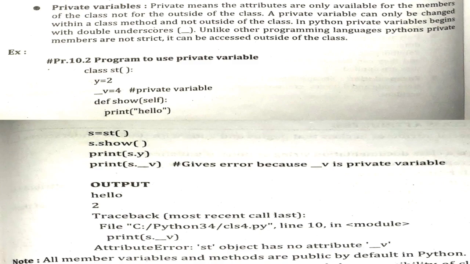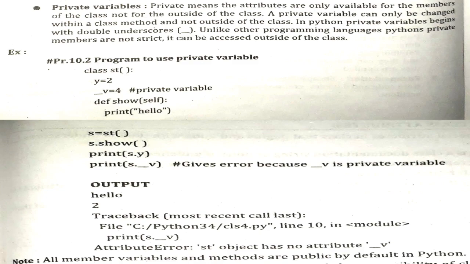To declare a private variable, before the variable name we simply put two underscores. Now see the example. We have the st class, in that y equal to 2. So y is a normal, or public, variable. Before v we have used two underscores, which means v is a private variable. I hope it is clear how to declare a private variable.